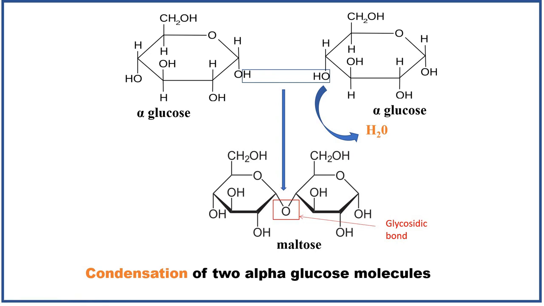When you join two alpha glucose molecules together, you form maltose. You remove H2O via a condensation reaction, a glycosidic bond is formed, and the disaccharide you produce is maltose.